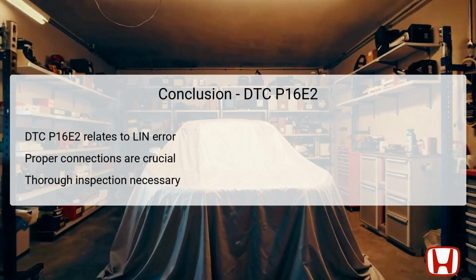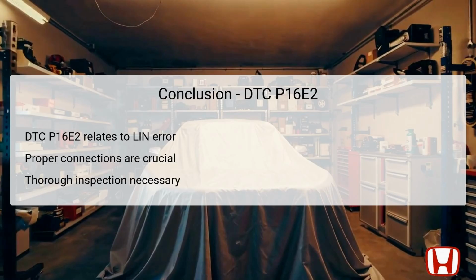In summary, DTC P16E2 represents a communication error within the LIN system between the alternator and the PCM in the Honda CR-V 2023+. Understanding the importance of secure connections, particularly at the alternator's +B terminal, is essential for resolving such errors.